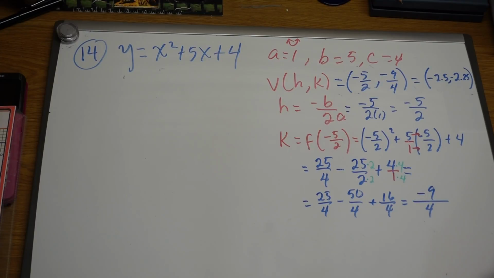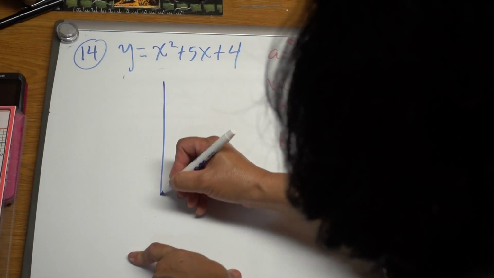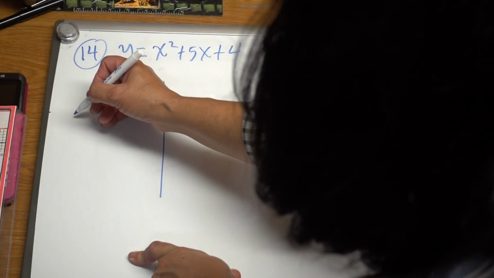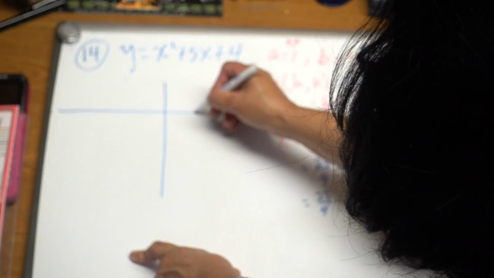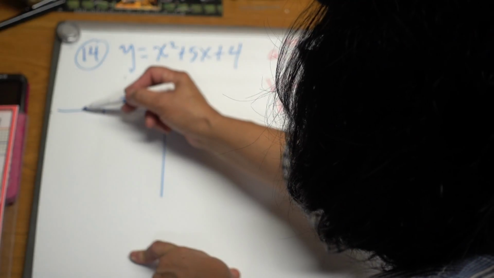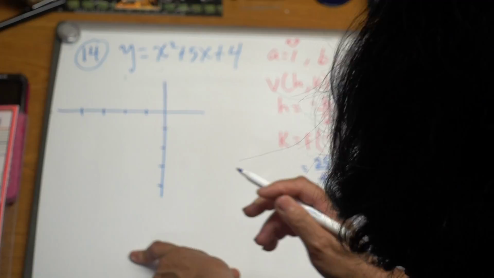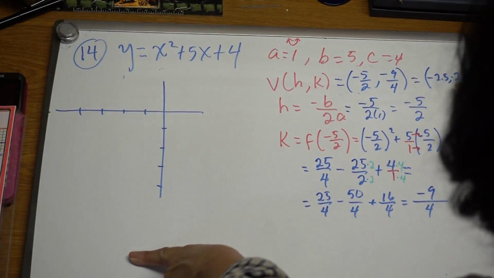To make the graph, I am going to look for negative 2.5 and negative 2.25. Let's see. This is it. 1, 2, 3, 4. 1, 2, 3. This is going to be enough to see our vertex clearly.